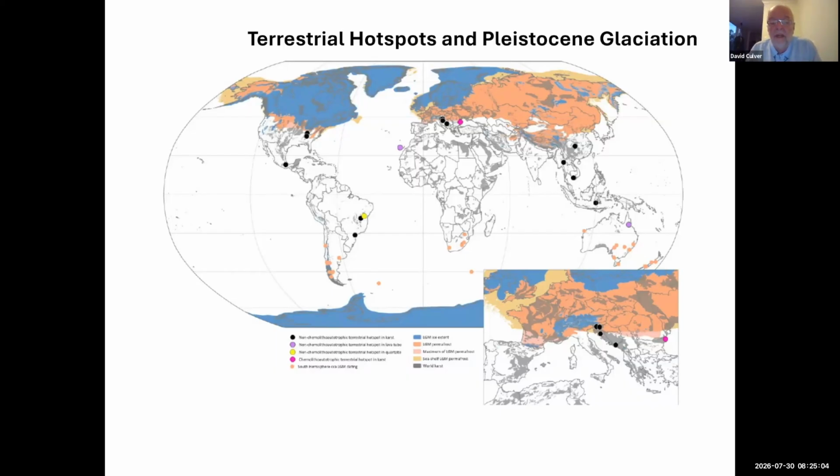And you can see that all of the sites in the Dinaric Karst shown on the inset are actually close to the glacial boundary. This isn't to say that other factors like productivity and cave density are not important, but at least in Europe, those sites are close to the Pleistocene boundary.